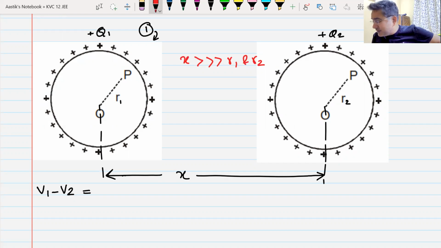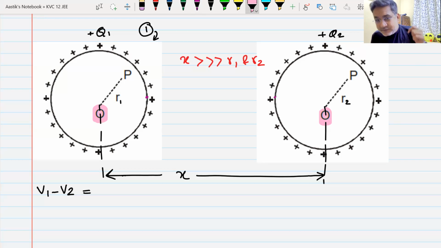So if you have to find the potential difference between the two spheres, it's not a good idea to use the surfaces. It's always a good idea to find the potential difference between the centers. As I told you, whatever happens, the potential at the center is the same as the potential on the surface. Do we remember this?